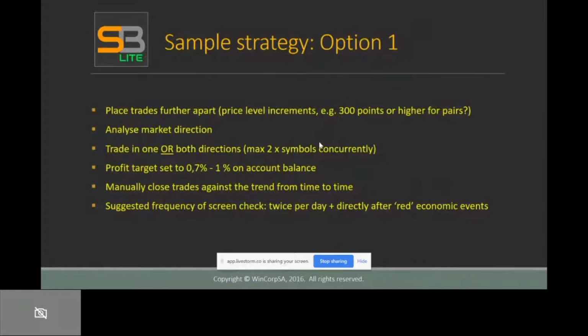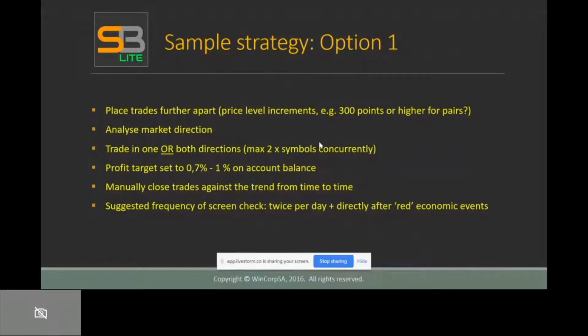Now, there are basically two options using our product here, and we've really tried to make it very simple and easy to understand. And there are these two options. The first one being that you place the trades further apart. Like, for instance, in the case of the currency pairs, we would start at about 300.